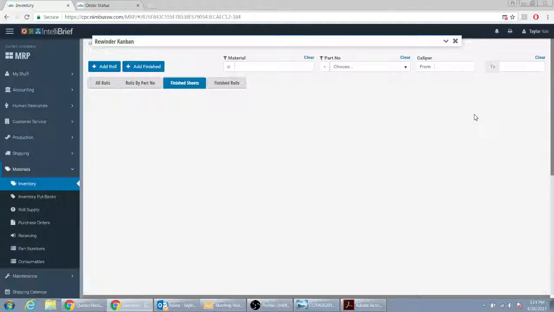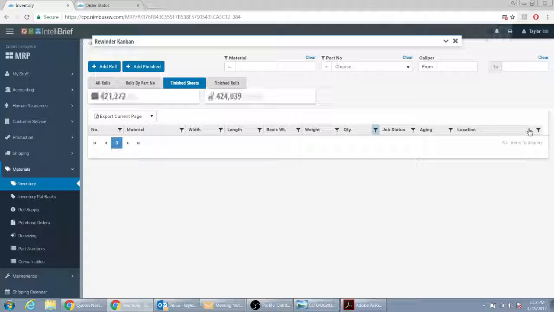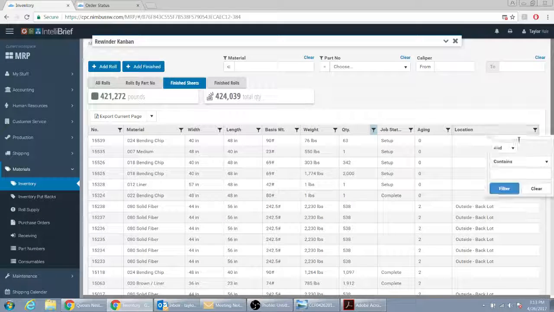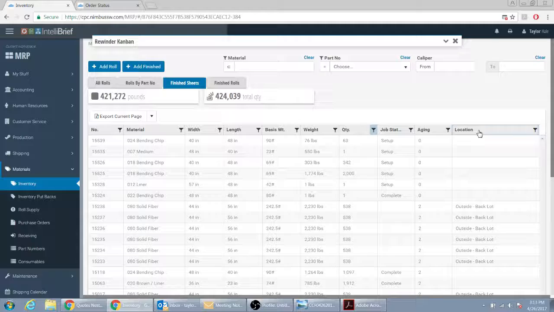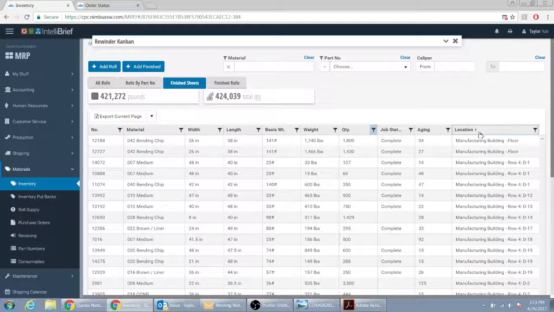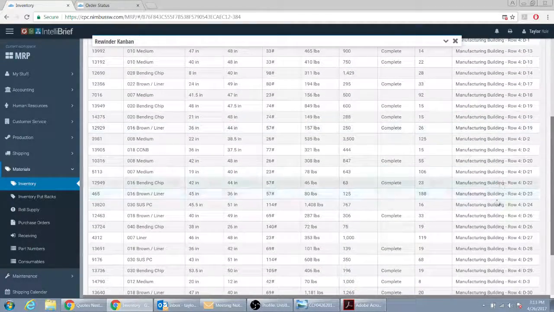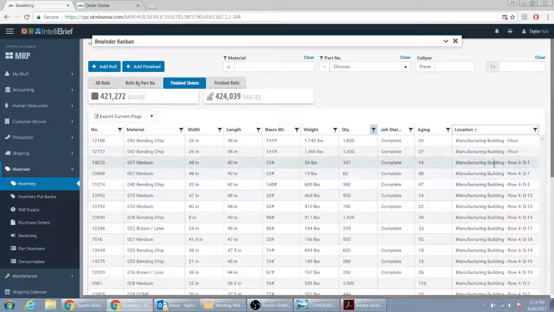So finished sheets, it's more of a summary of the locations. That's actually exactly what it is. See, here we have all the racks, and you already have all the locations for the racks. So it would have on here the same exact thing. It would say, for example, row 1.